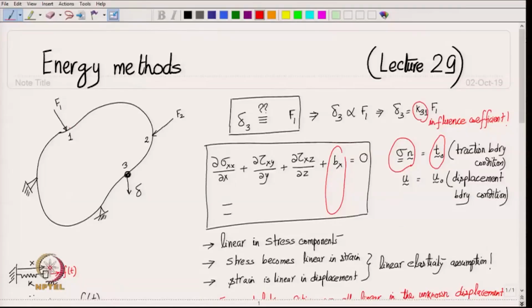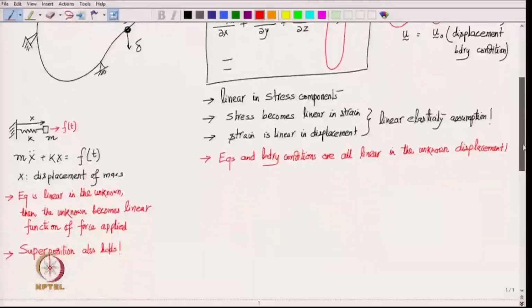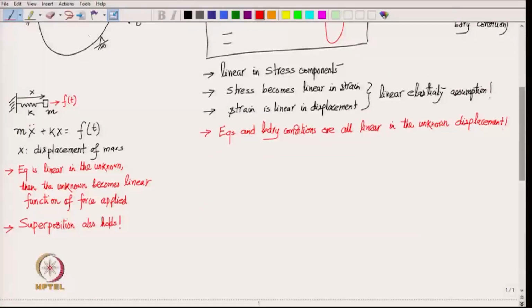It also depends on the direction of the force applied. So, at point 1, if in the second case you apply force in this direction and then again measure the displacement at point 3, then also the influence coefficient will be different. Okay. So, the influence coefficient has got several properties which we can write down.